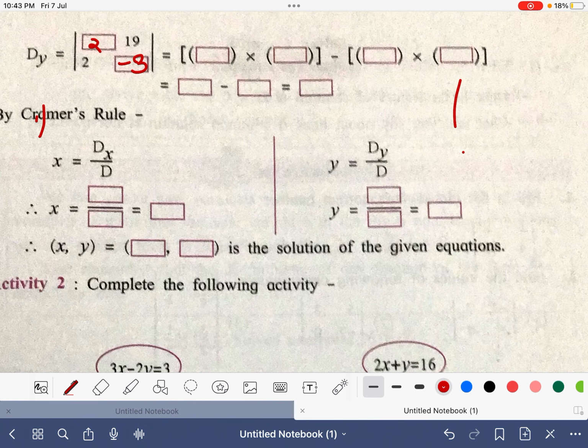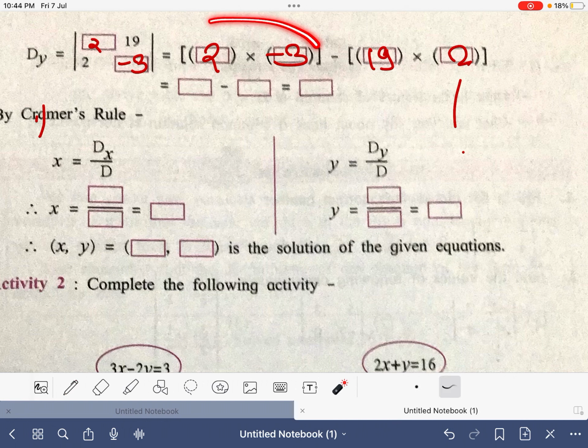Now simplify these two equations. So first of all, 2 multiplied by minus 3. Take the multiplication of these two numbers minus the multiplication of these two numbers. So write down here minus into bracket 19 into 2. First of all we have to solve this. So minus 3 2s are obviously minus 6.